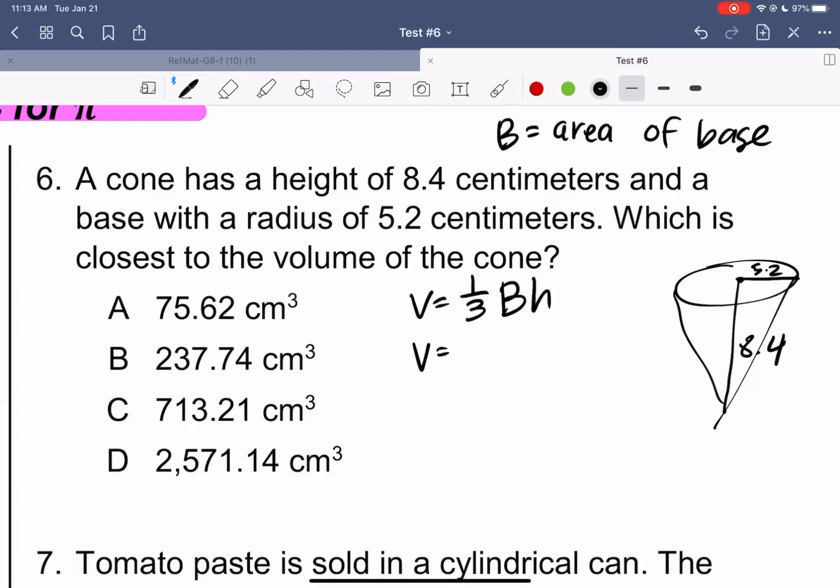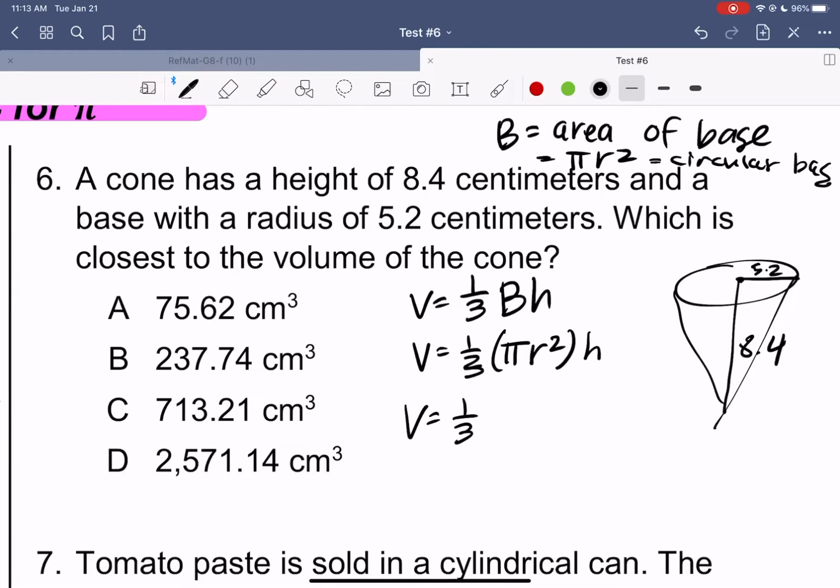Our base is a circle, so this is going to be pi radius squared for our circular base. So 1/3 times pi radius squared times height. Then we'll have 1/3 times 3.14 times 5.2 squared times 8.4. And if you plug each of those in, you'll be able to get your volume answer.